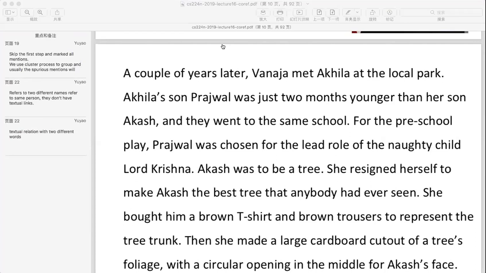We mark all those words, like Adhila, they and her. Her here means Vanija when we read the whole paragraph, and they here refers to Akila's son and her son.